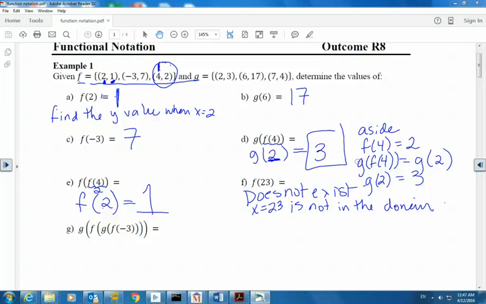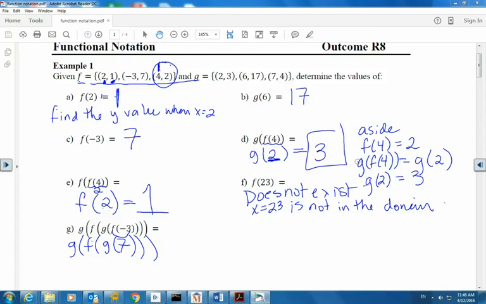Because we know how to do this. We just have to be able to keep track of it now. So where do we start? What is f of negative 3? 7. So now, what am I figuring out now? G of 7, and then I just kind of write everything out again, right?